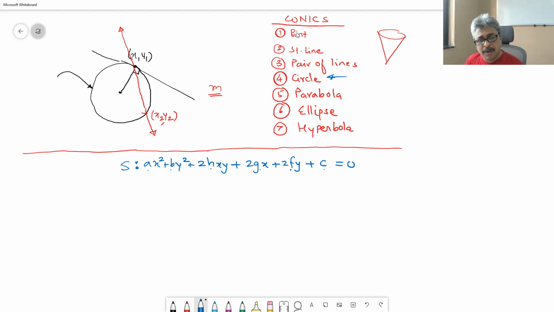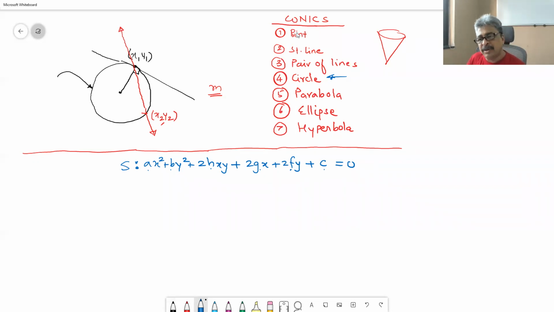Now, why is this equation looking like this? Because it is taking care of all powers of x and y less than or equal to 2, and greater than or equal to 0. Is x square available? Yes. Y square? Yes. X? Yes. Y? Yes. Power 0 of both? Yes. And one more way of producing degree 2 is x into y.